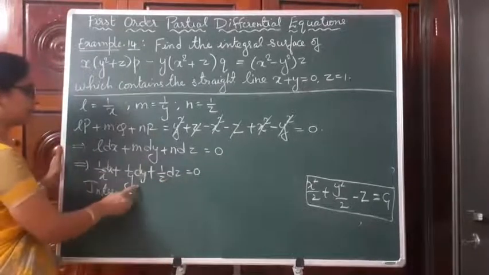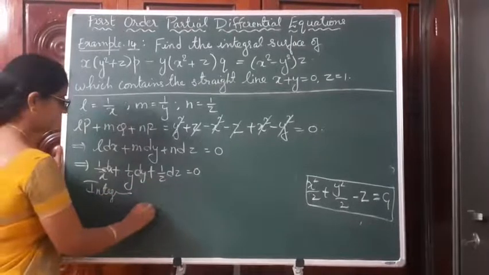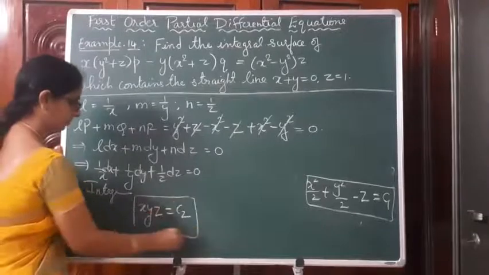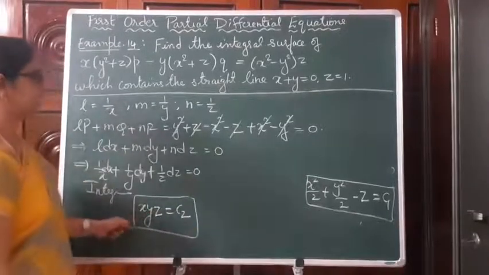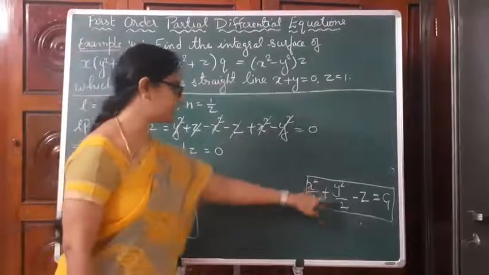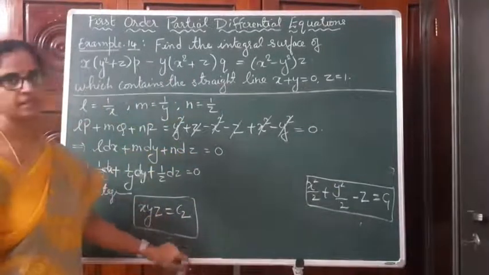So log x plus log y plus log z is equal to log c2. So that xyz is equal to c2. This is the second solution. So we obtain two solutions: x square by 2 plus y square by 2 minus z is equal to c1, xyz is equal to c2.